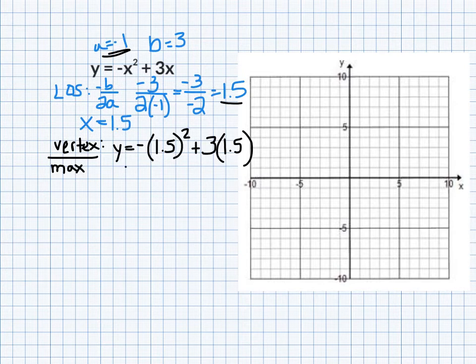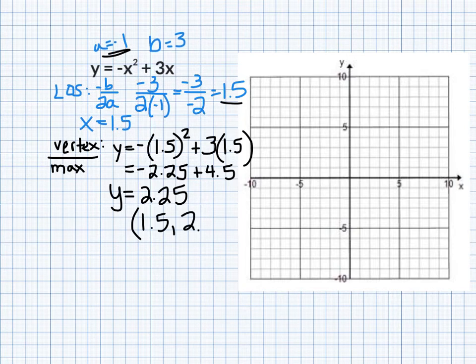All right, so we've got negative 2.25 plus 4.5. Okay, so y equals 2.25. Okay, so that's our y-coordinate for the vertex. So the vertex is 1.5 comma 2.25.